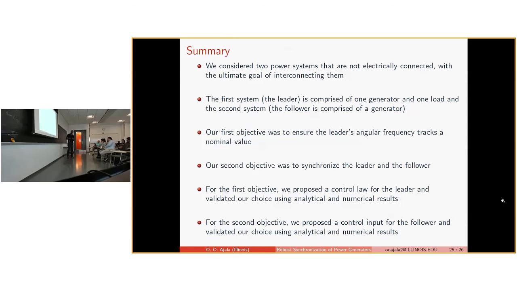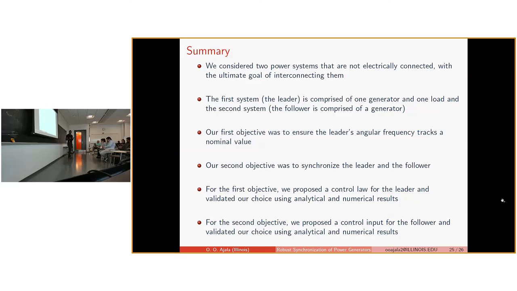To summarize, we considered two power systems that are not electrically connected with the ultimate goal of interconnecting them. The first system, the leader, is comprised of one generator and one load. And the second system, the follower, is comprised of one generator. Our first objective was to ensure that the leader's angular frequency tracks a nominal value.